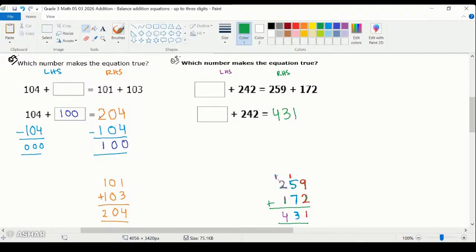So we have a missing number plus 242 should be equals to 431. Since these numbers are added, we subtract 242 on both the sides.